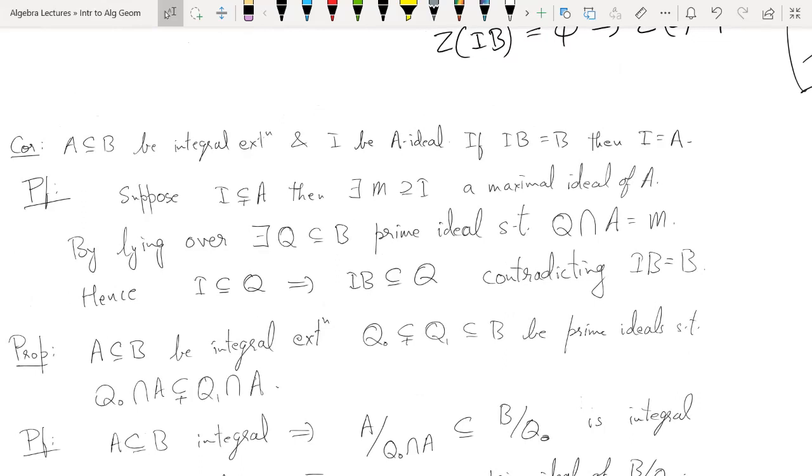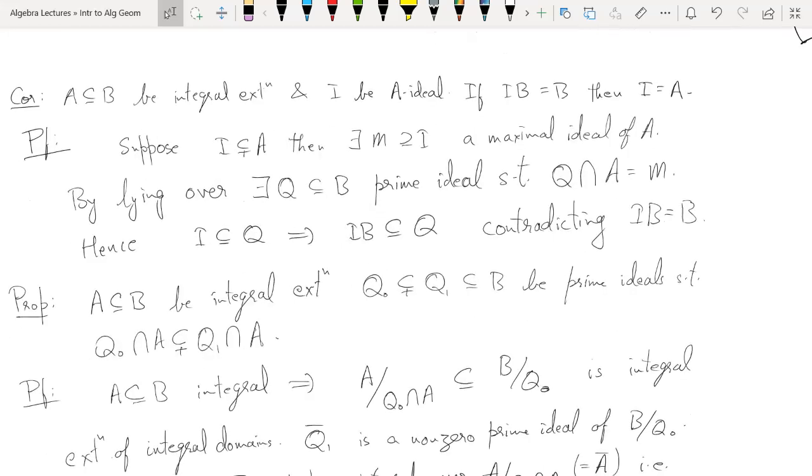Then there exists a maximal ideal M containing I. By lying over, there has to exist a prime ideal Q of B such that it contracts to the maximal ideal M of A, but then I is contained in Q. Because Q intersection A is M and M contains I, so I is contained in Q, which implies IB is contained in Q, which contradicts IB equals B. So it's a straightforward consequence of the lying over theorem.